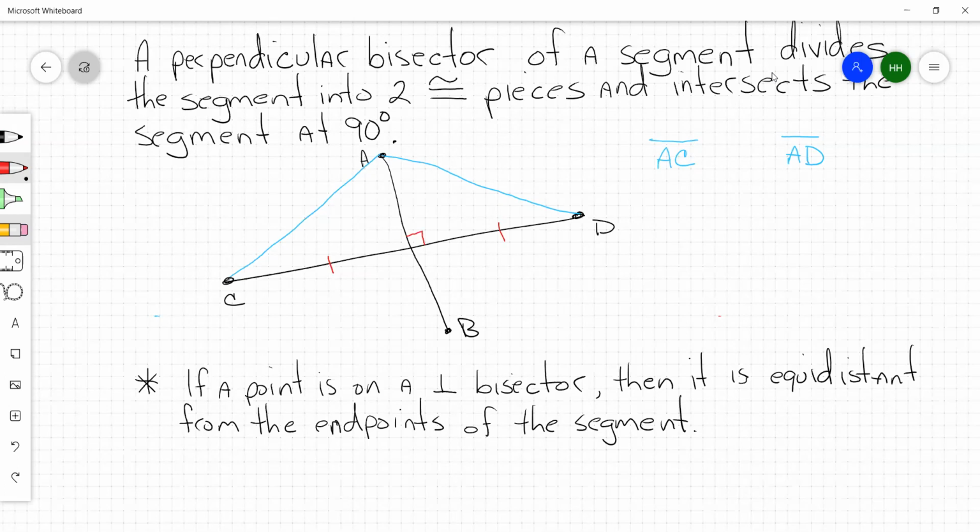It's equal distance from the endpoints. Isn't C an endpoint? And D is an endpoint, right? So what do you know about AC and AD? They're congruent. Very good. These two are congruent.